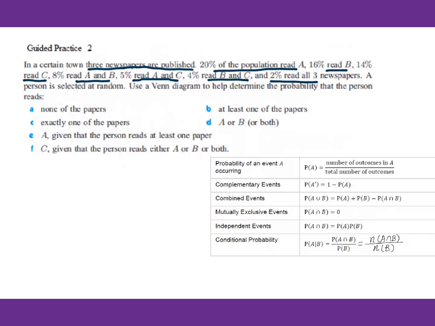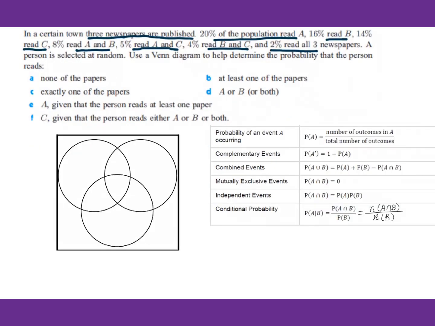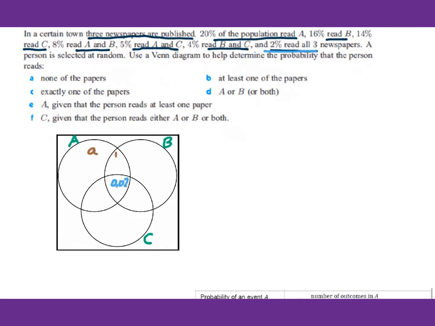Use a Venn diagram to help determine the probability that the person reads... Suppose this is newspaper A, here's newspaper B, this is newspaper C. We know 2% read all of them. This is 0.02. Let's label the regions A, B, C, D, E, F, G.